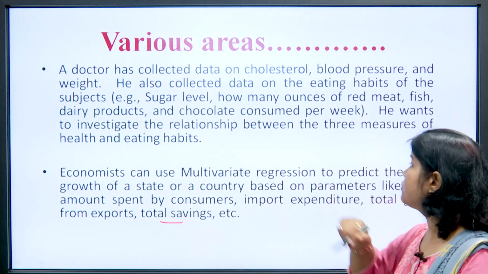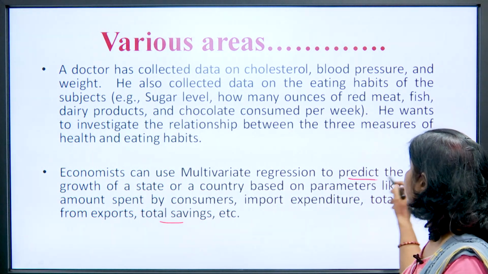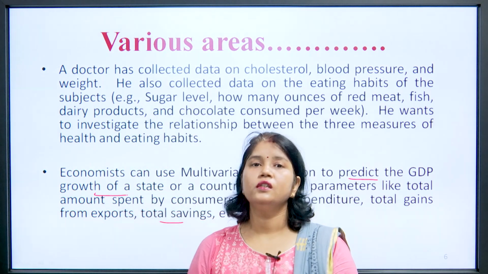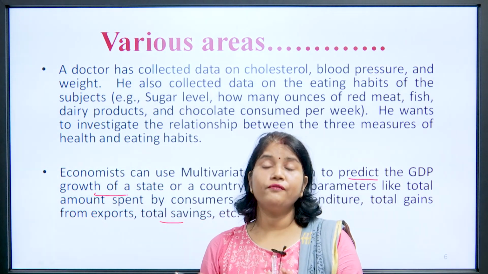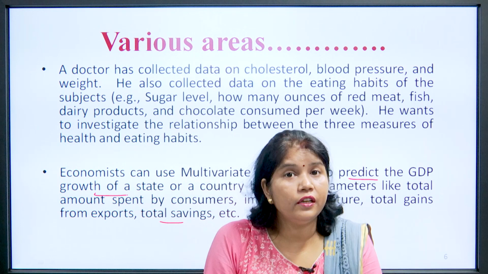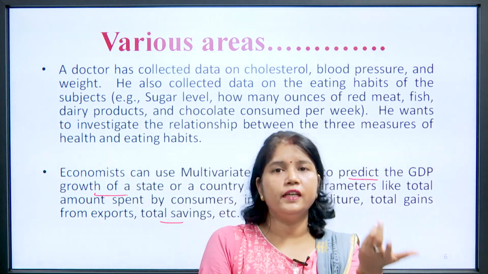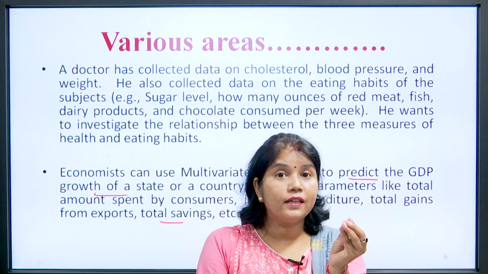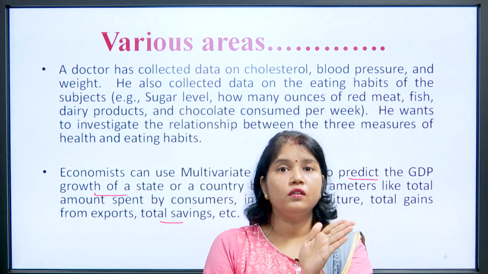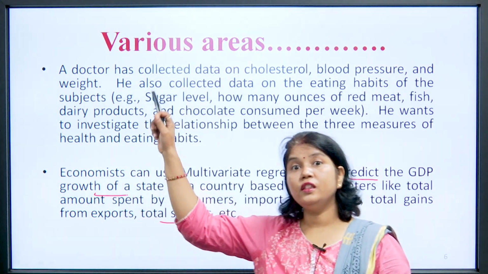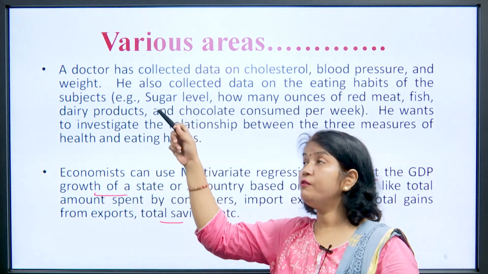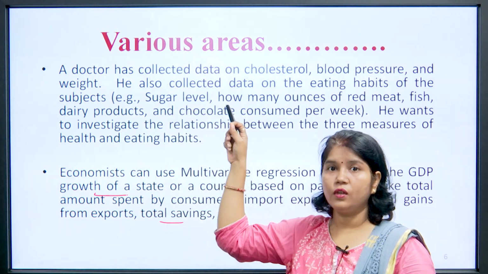Then economists can predict the GDP growth of the state. So, if somebody asks what is data, you simply say data is just facts and figures, but related terms are introduced. If I am talking in the medical field, the data will be these things, okay.